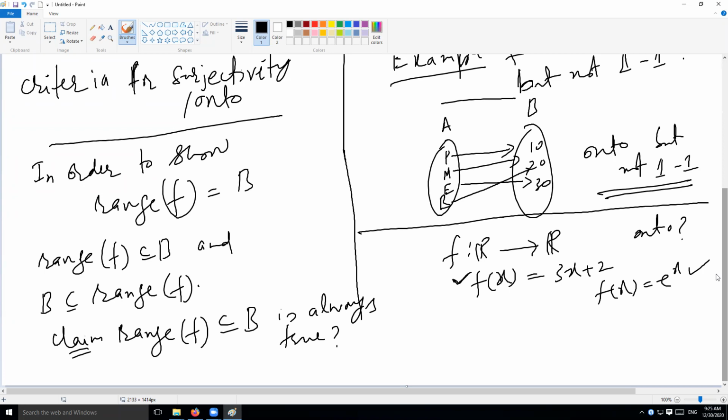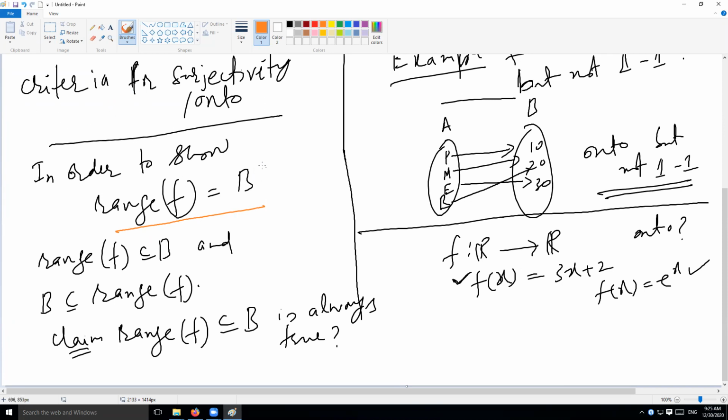No. Like sir, the earlier definition of ours, all the elements of A should be matched to some element of B, no? Not all elements of A should be in B. That's not the correct way to say it, but I can see where you are going. Meaning range should be equal to B, no? Equal, the range is a subset of B, yes.